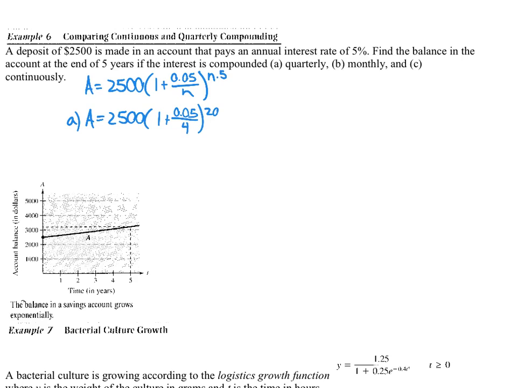All right, what did you get when you did that? $3,205.09. Okay. Can anyone else verify that? That's right, $3,205.09. Yeah. Okay. All right. Good.